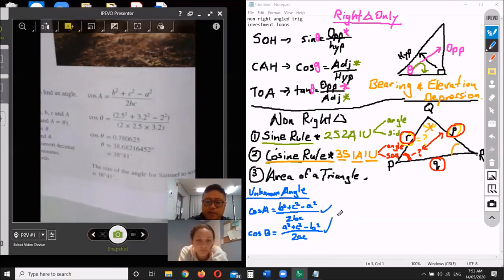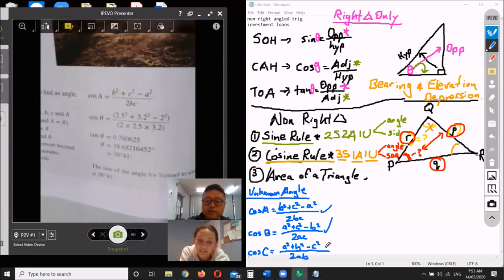So if I was to go cosine C, what would that formula look like? A squared plus B squared minus C squared over 2AB. Yes, got it.